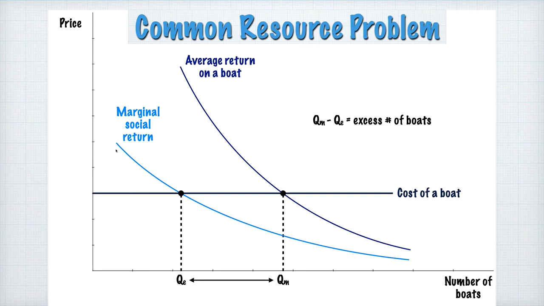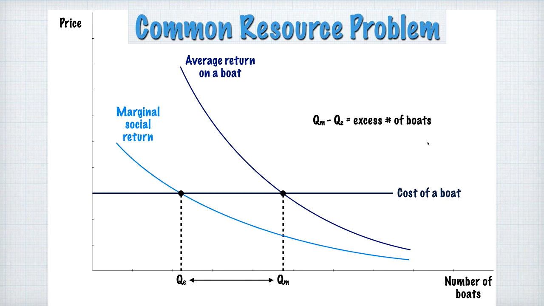So that's constant. We have a downward sloping marginal social return curve, and that intersects the cost here at QE. So the difference between QM, the market amount, and QE, the efficient amount, is the excess number of boats that are available because of the exploitation of this common resource.